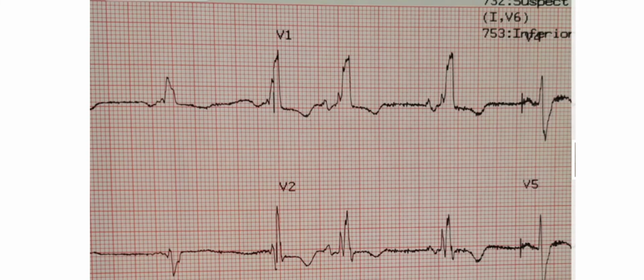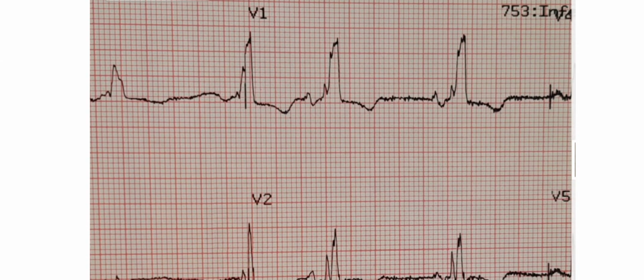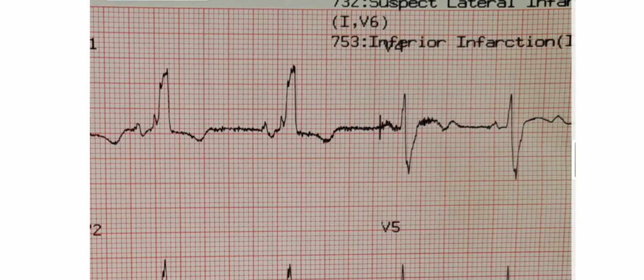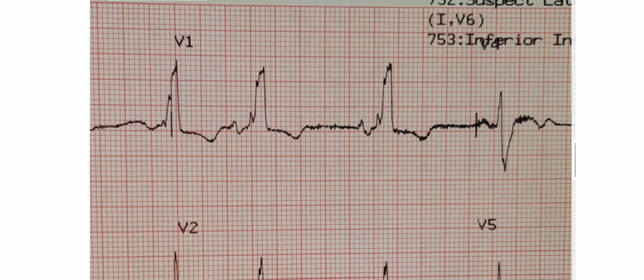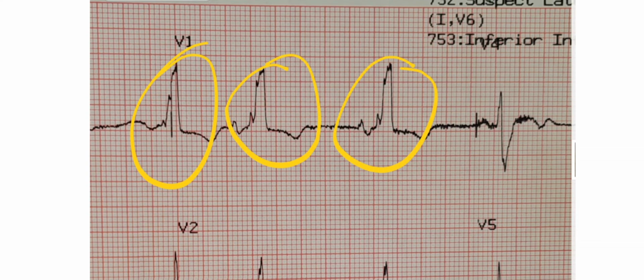This is V1, so we are looking for an M-shaped morphology. In V1, throughout it is just M, M, M, M. If you pay close attention, you will see that this is an M, this is an M, this is an M, even though there's a notch at the top, but we are going to ignore that in this video.